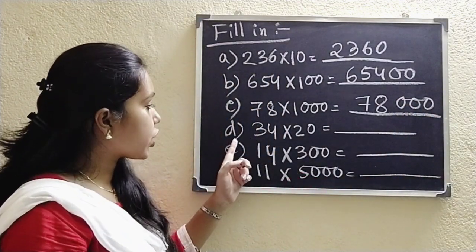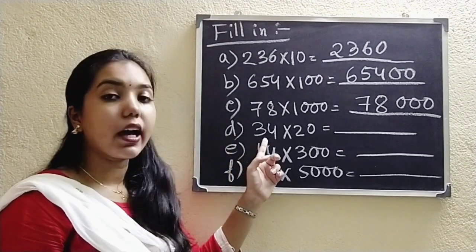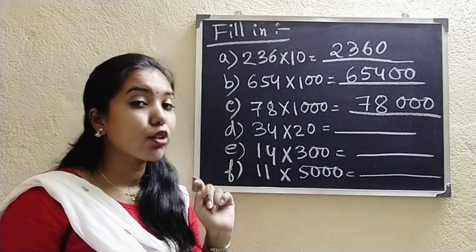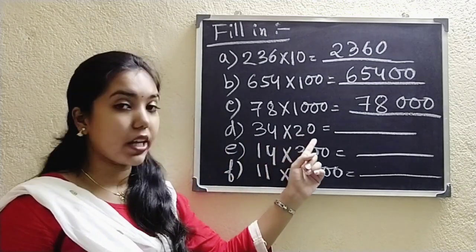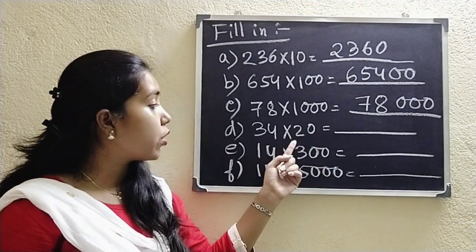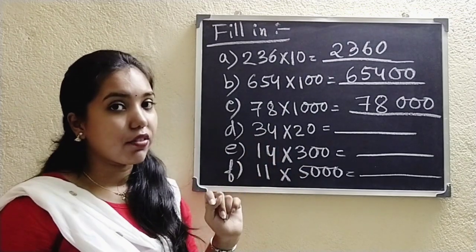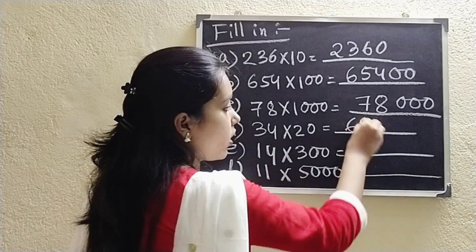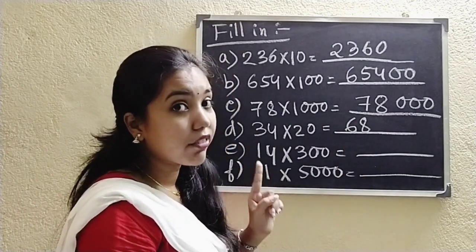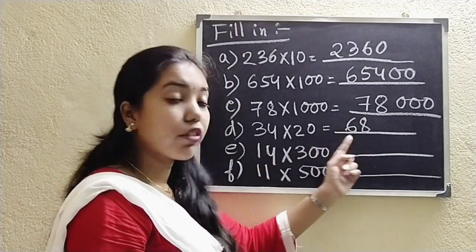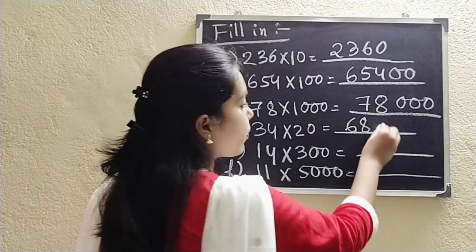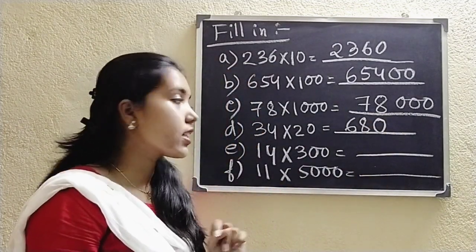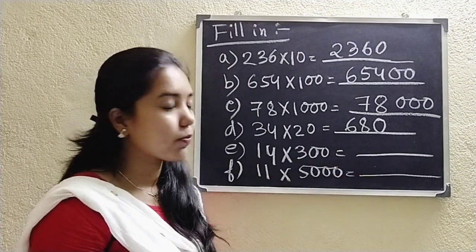In the fourth question, we are told to multiply 34 by 20. Remember, we have to group 20 as 2 into 10 and then multiply 34 by 2 at first. So 34 twos are 68. And we are left with a 10 to multiply with 68. So we simply put a 0 on the right side of 68. So our answer is 680.